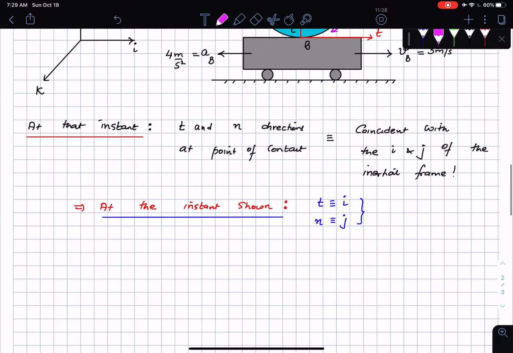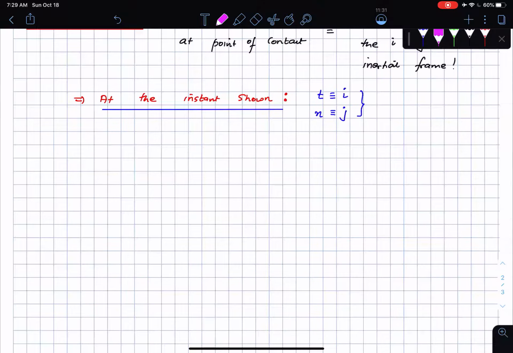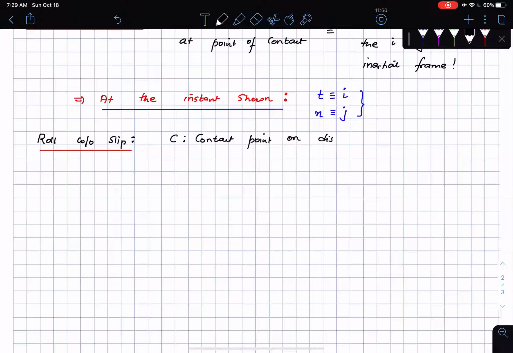And so if I make use of the idea of the rolling without slip, and then I'm going to just recall information from before. Okay, so point C is the contact point on the disk, point B is the contact point on the block.